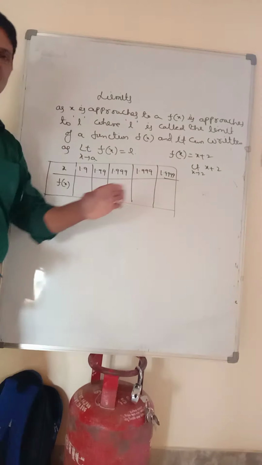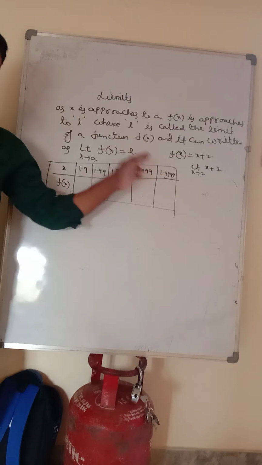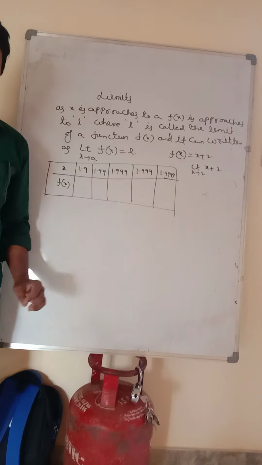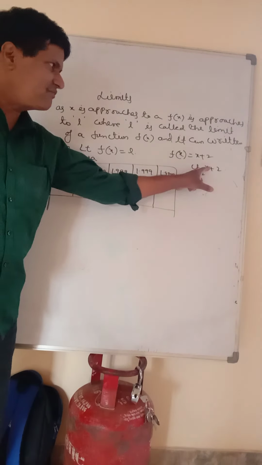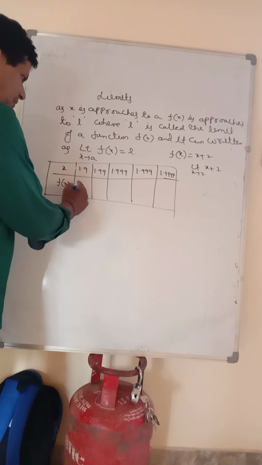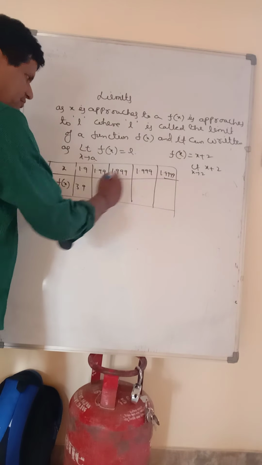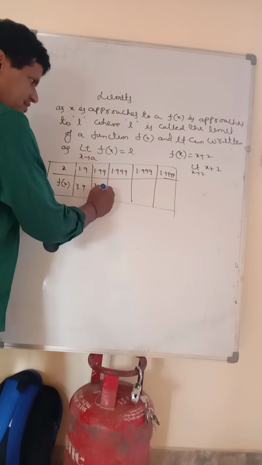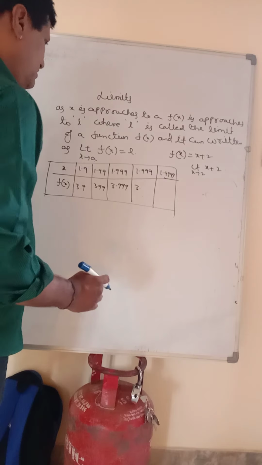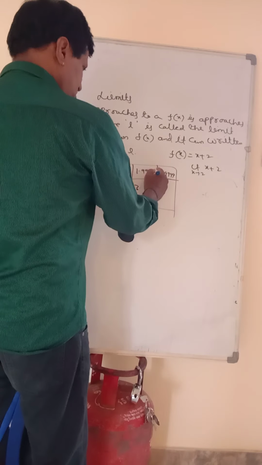This is the value before x approaches 2; it is not exactly equal to 2, a minute value is missing. While substituting in the place of x, 1.9 plus 2 is 3.9, 1.99 plus 2 is 3.99, and so on, approaching 4.